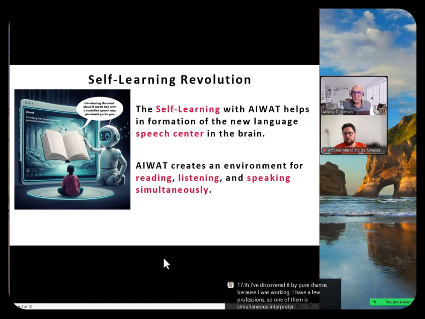And when I was working as a simultaneous interpreter, I realized that if we perform 3 actions at the same time, I cannot think in the native language. So thinking in the native language is turned off automatically. If I cannot think in the native language, then I don't need cross-translation.